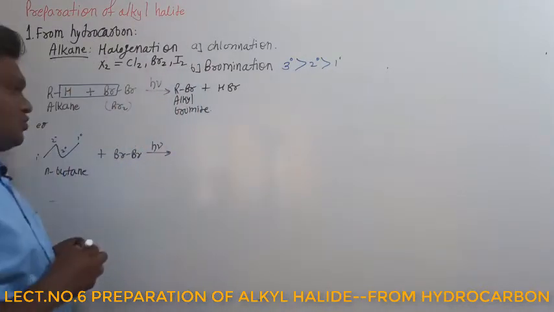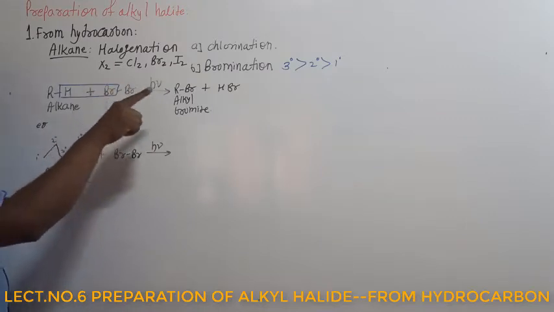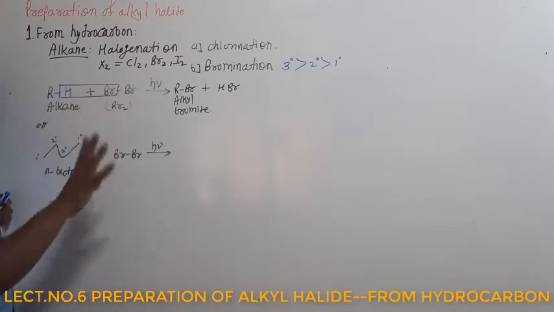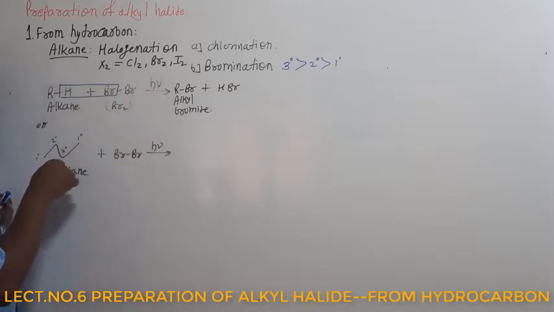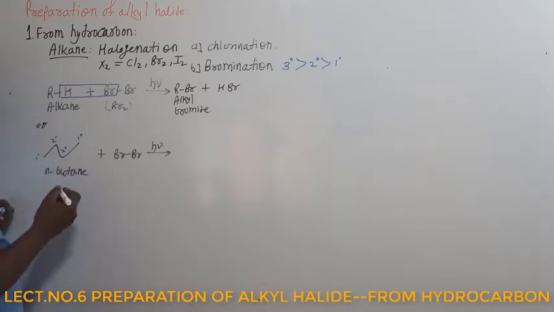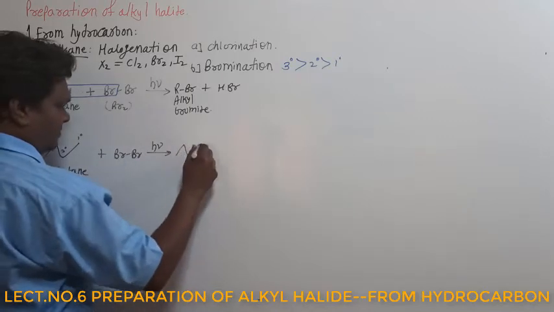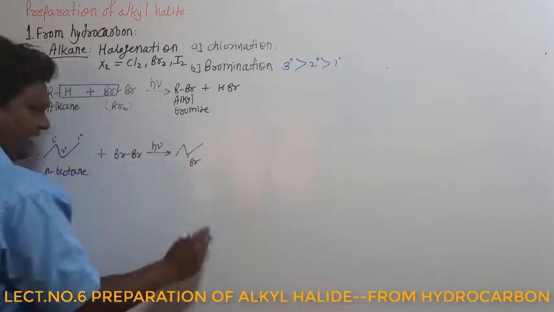So whenever there is a tertiary carbon atom, that hydrogen atom is going to be replaced by bromine. If secondary is there, then secondary, and the last one is primary. So you are going to get a secondary alkyl halide. You will get bromine here.